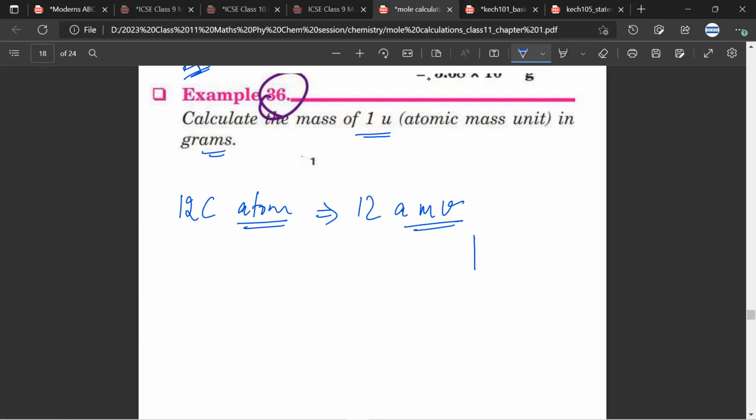Therefore, if I want to know what 1 AMU is equal to, what I should be able to calculate is 1/12 the mass of the 12C atom. Are we clear till here? Yeah. I've taken a very long route to explain this question.